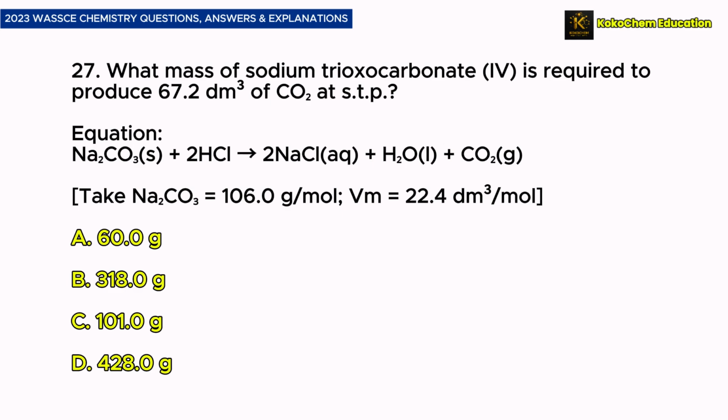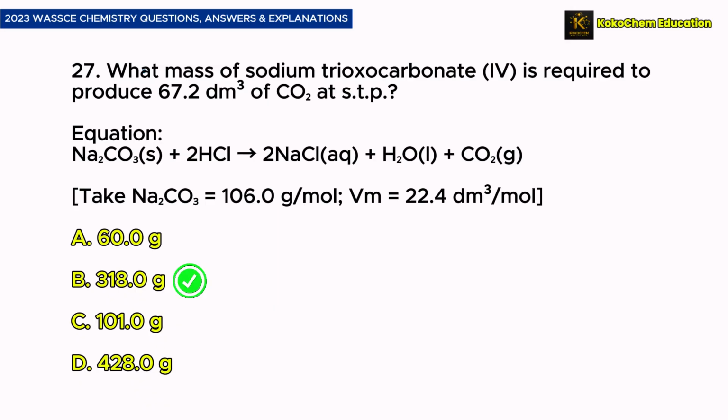Take molar mass of sodium carbonate to be equal to 106.0 and molar volume to be equal to 22.4 dm³. A. 60.0 grams. B. 318.0 grams. C. 101.0 grams. D. 428.0 grams. The correct answer is B.